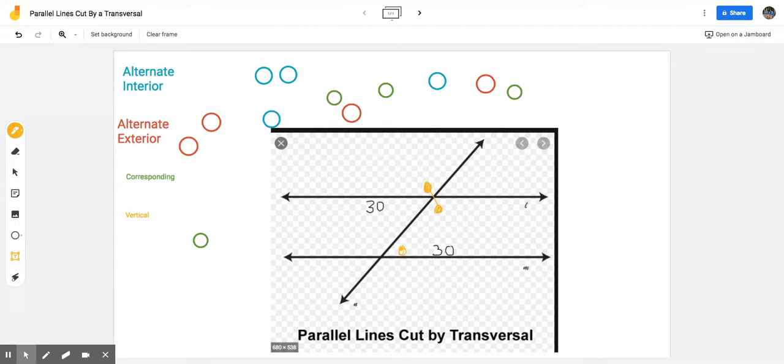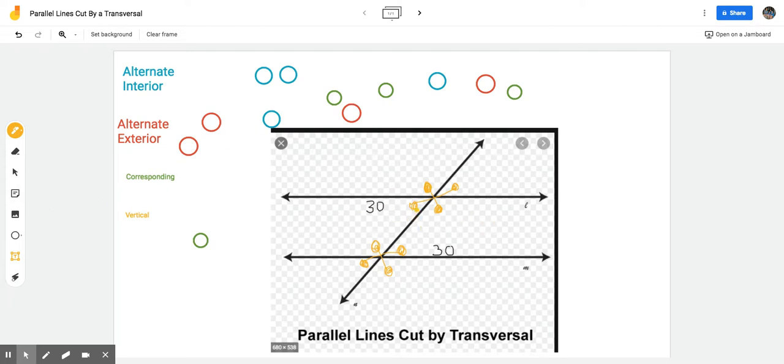The same goes for each of the other angles. And so there's so many ways that you can justify what the angle measures are going to be.